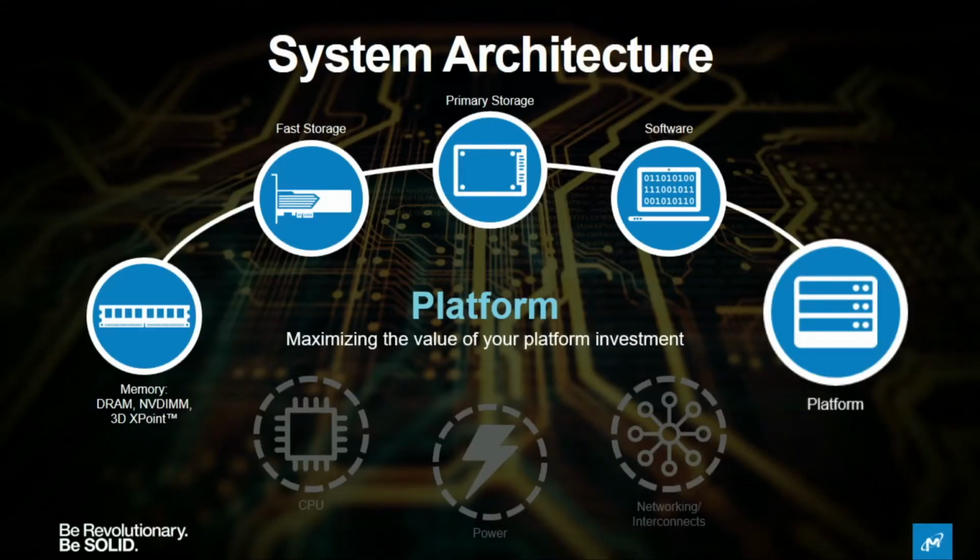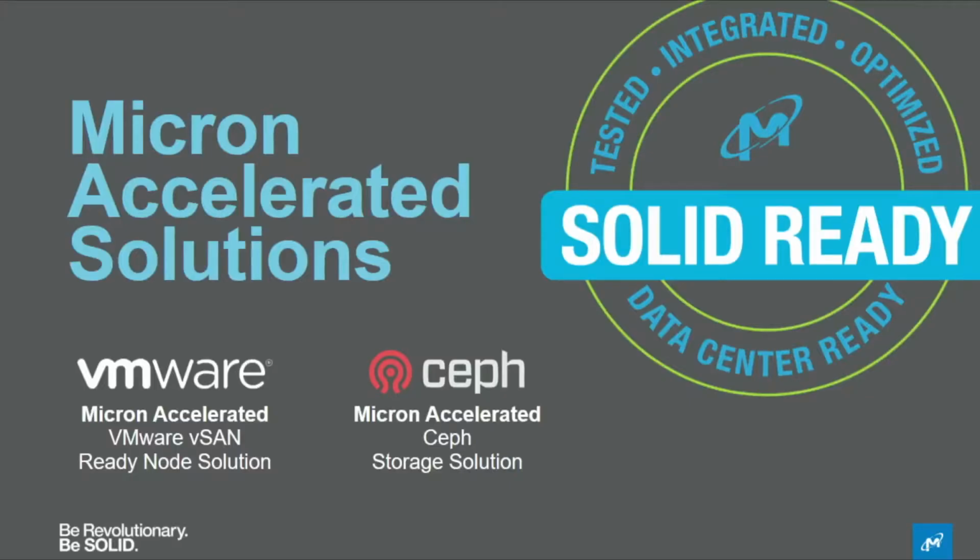Okay, moving right along. So the platform: maximizing the value for your investment. We have partnered, we've gotten busy in the ecosystem and have forged a couple of relationships. One of them, for example, is with what we call Micron Accelerated Solutions. And one of them is with VMware in the vSAN area. We've been able to do some very unique things.